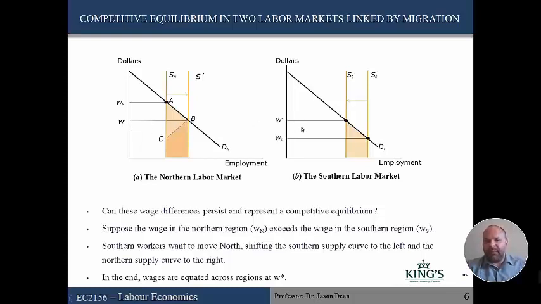So this initial point where the wages are different is not a competitive equilibrium. It's not stable. In an equilibrium, things should be stable. The only time you're going to have an equilibrium is if the wage is the same in both labor markets, and then there'd be no incentive for any of these workers to move.